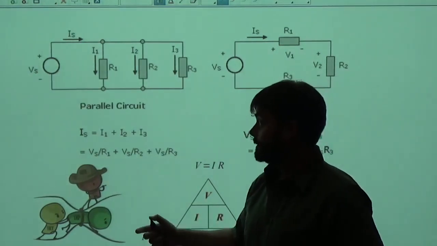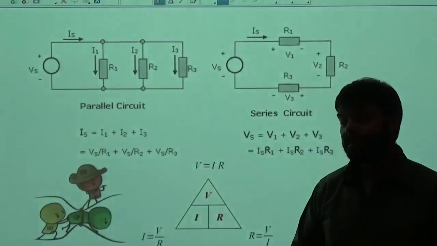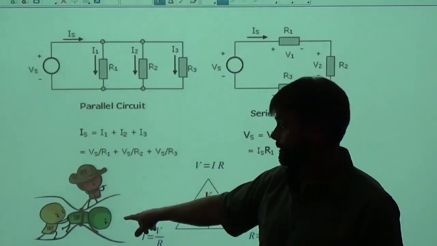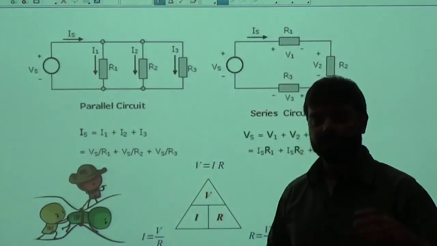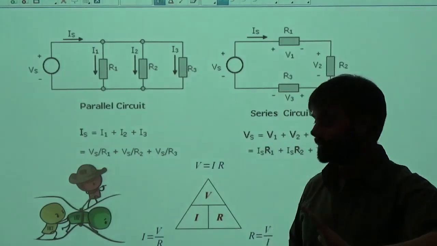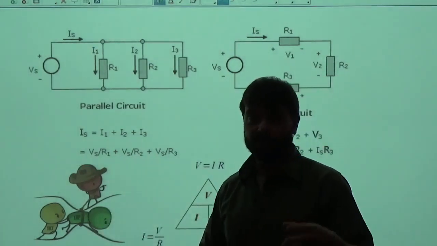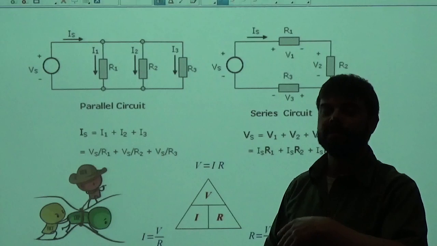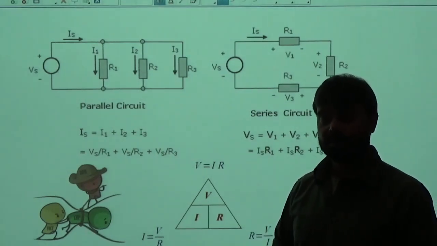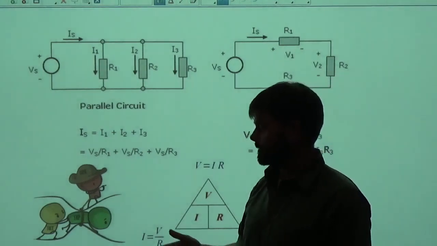Current is the flow of electrons. So if you want to think of this like a hose, or down here in this diagram, they show it like a container of some sort, the voltage is trying to push through at a certain rate, and the rate at which it is flowing is known as the current. The faster something flows, the more current it would have. If it's not flowing as fast, it wouldn't have as much current.